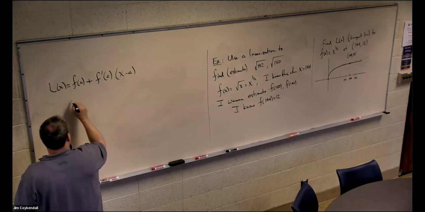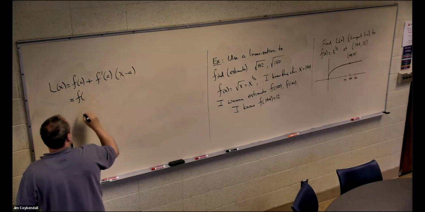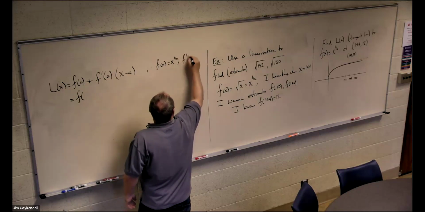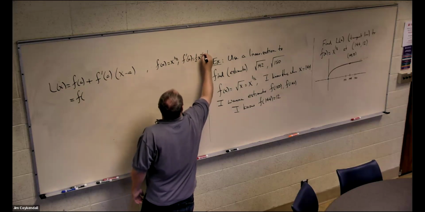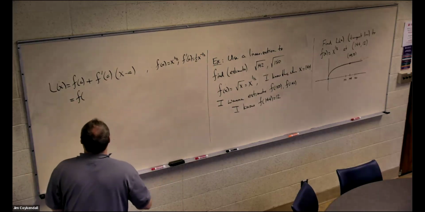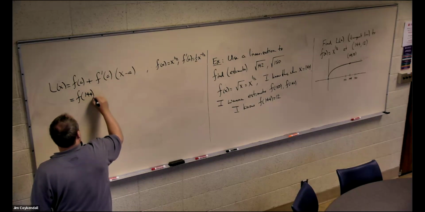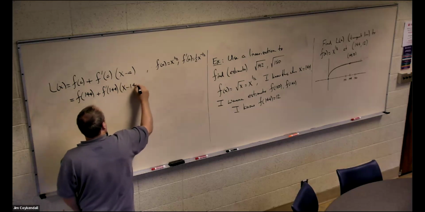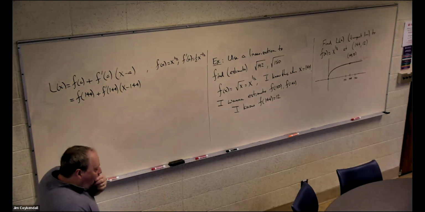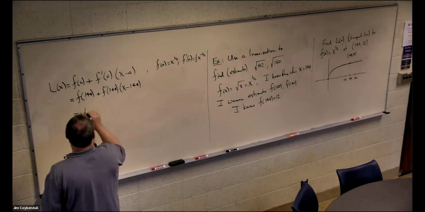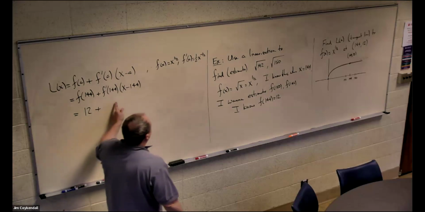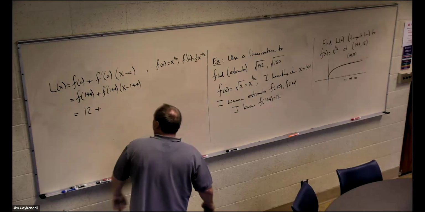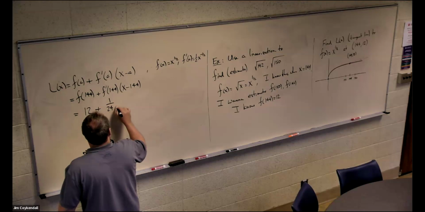So in this case, notice that f of x is x to the 1/2, f prime of x is 1/2 of x to the minus 1/2. So when I plug in 144, this becomes 1/12 times 1/2, so this is 1/24.